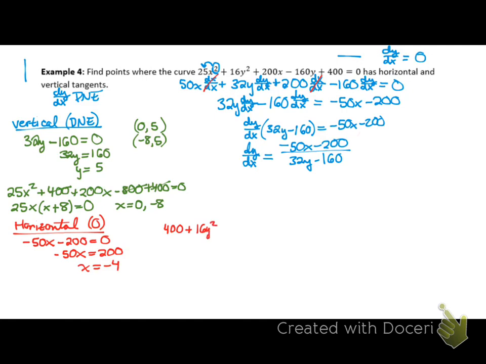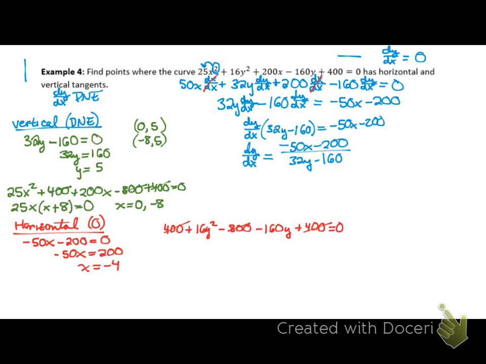When we plug in negative 4 to 200x, we get negative 800 minus 160y plus 400 equals 0. And this is what we're solving for y. Well, all of the numbers, again, very conveniently cancel out. That will not always happen. It happened to happen for both parts on this problem. Don't get used to that, right?